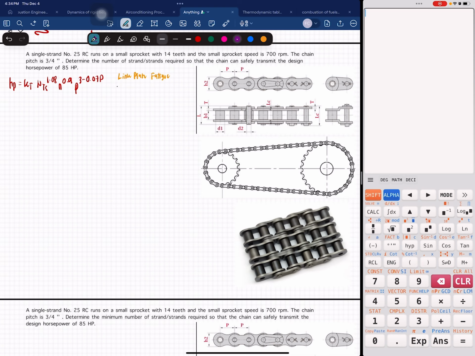KT value is 0.004 for all other roller chains, okay? It will, however, differ if you have roller chain number 41. So you will have a value of 0.00224 if RC equals 41.